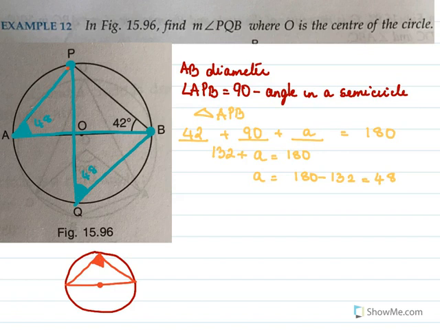So which means now this is angle PAB is equal to angle PQB. So we write that. So angle PAB is equal to angle PQB, angles in the same arc.